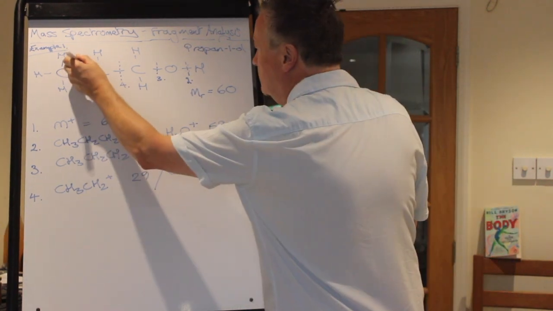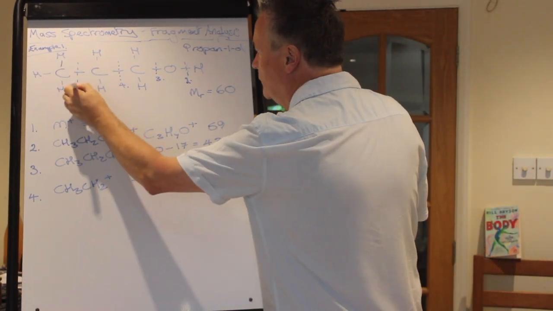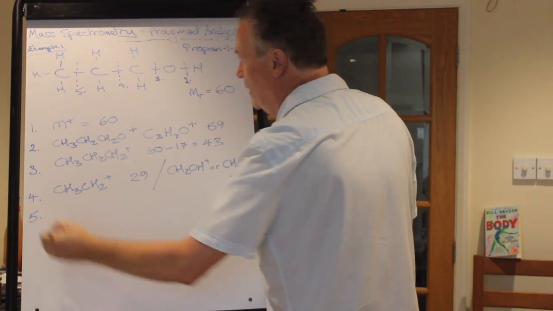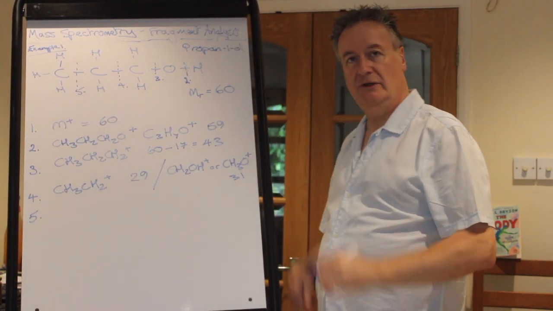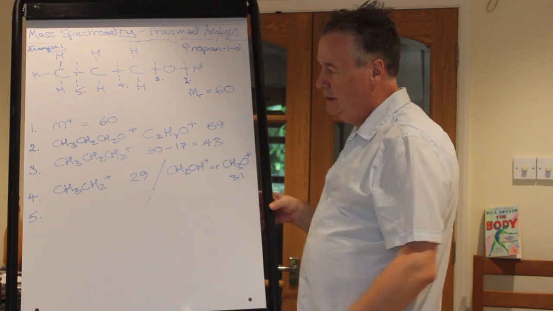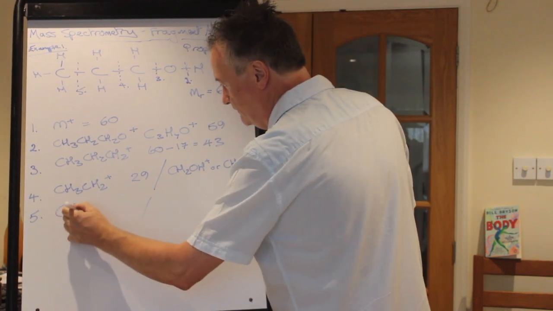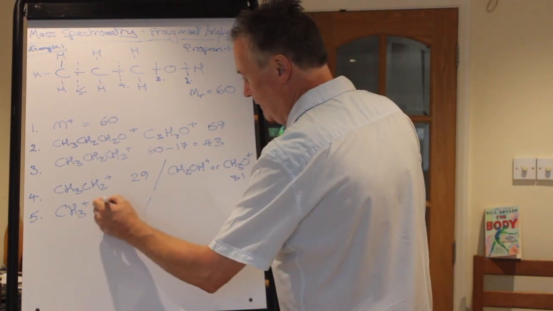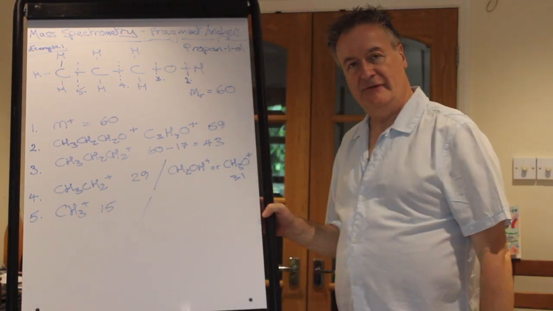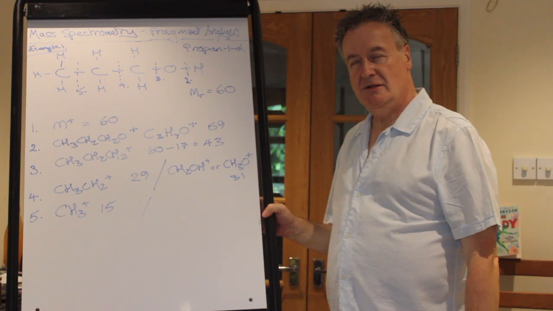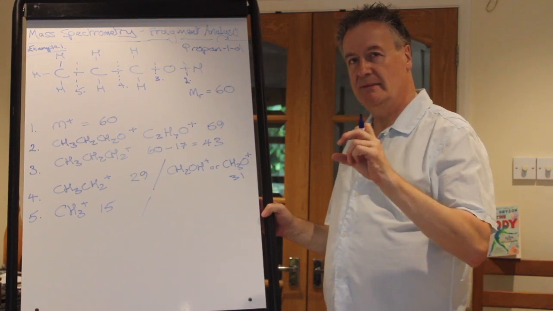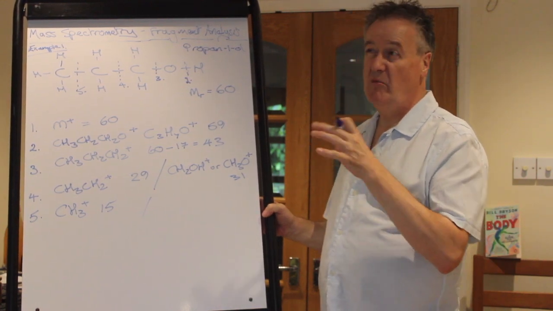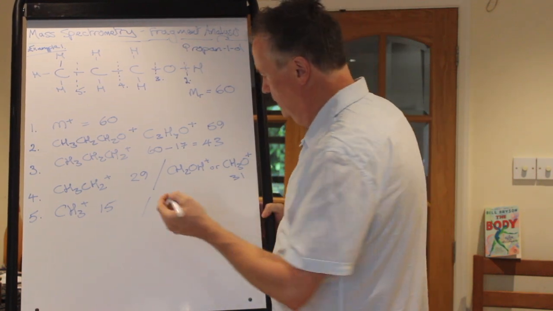Now you could also do number 5 there, lop off the methyl on the end, and you could do the same thing. You could do CH3 plus, and that's 15. That tends not to come up very large as a peak in mass spectrometry when it's 15. Not entirely sure why, but it doesn't.